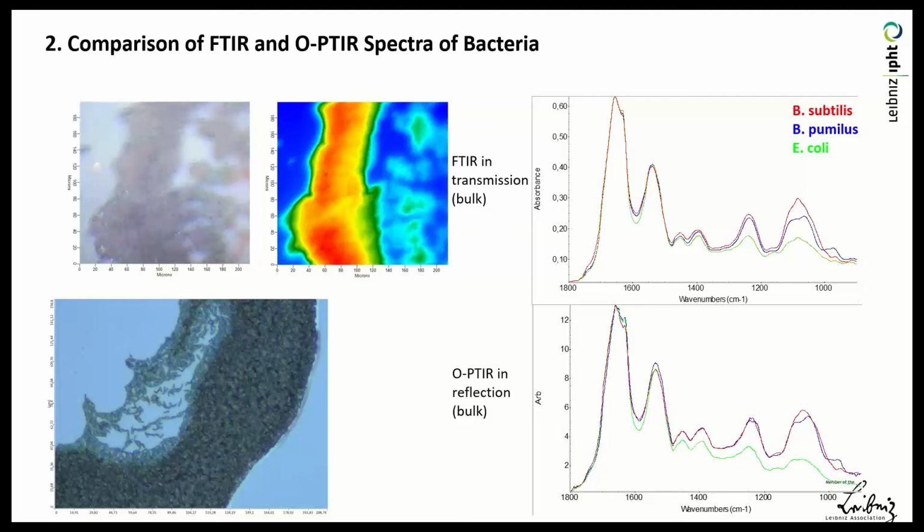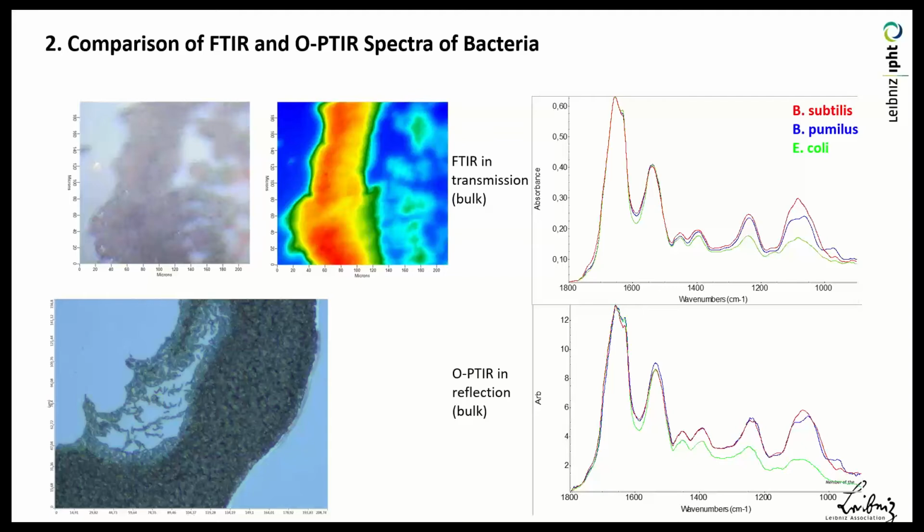And you see that they can be nicely discriminated based on these bands due to the cell wall. And similar changes are also evident in the OPTIR spectra, which have been collected in reflection. Here, these FTIR data have been collected in transmission.